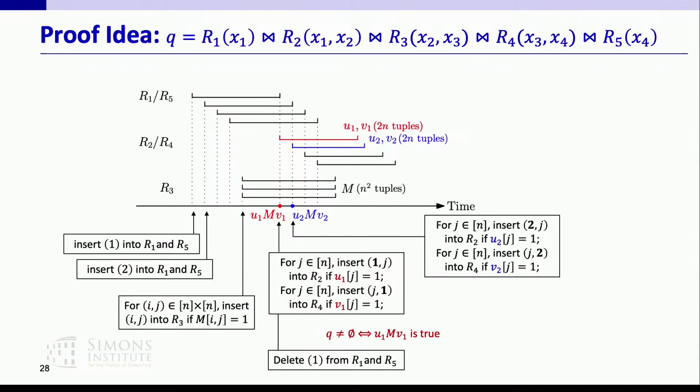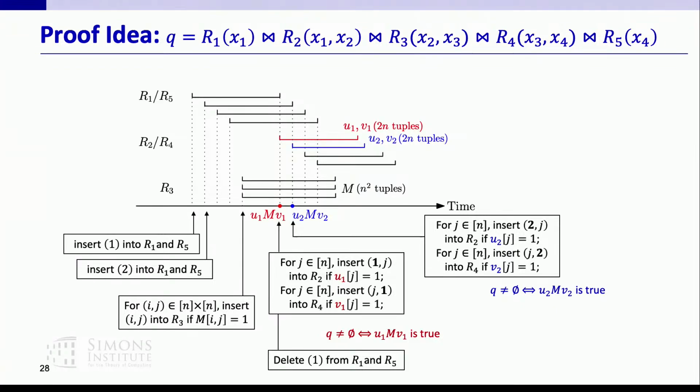So we conceptually deleted them from the database already, because they won't contribute to the join result. At this time, Q is not empty if and only if this product is true.